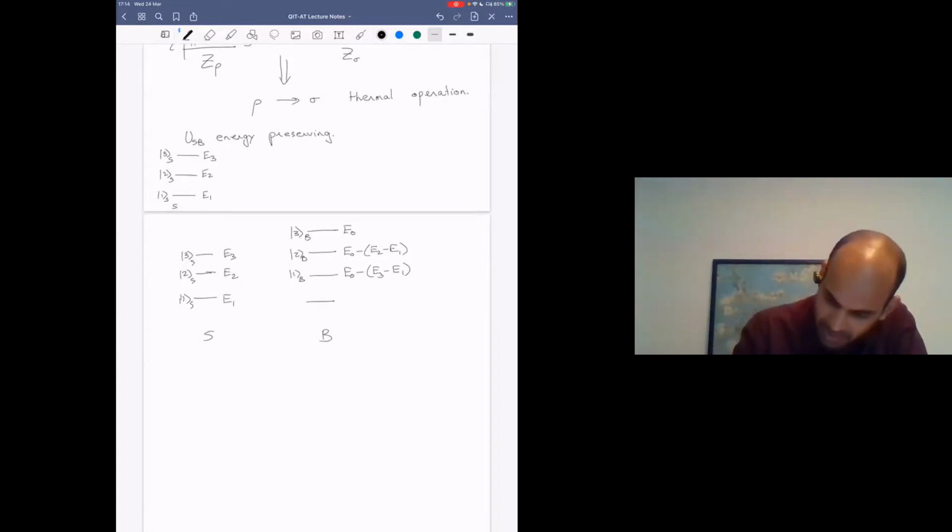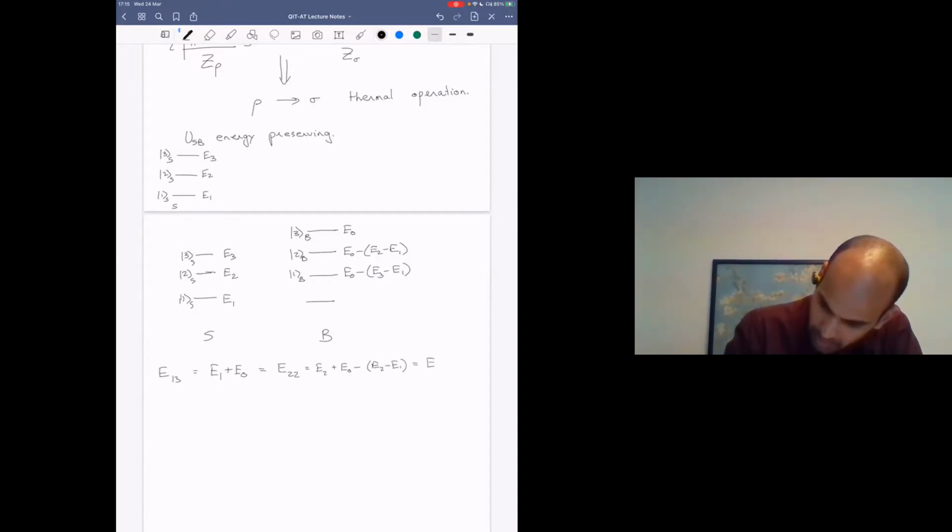What we see now is the energy of the state 1, 3, which is equal to E1 plus E0, is also equal to the energy of the state 2, 2, because this is E2 plus E0 minus E2 minus E1.